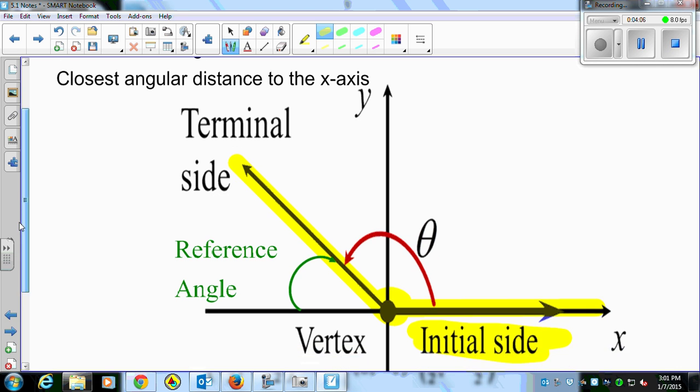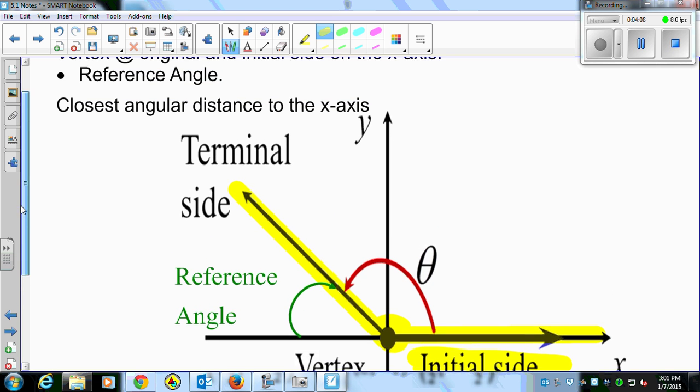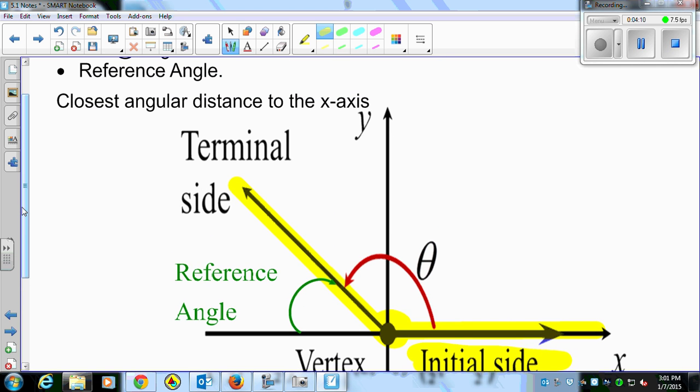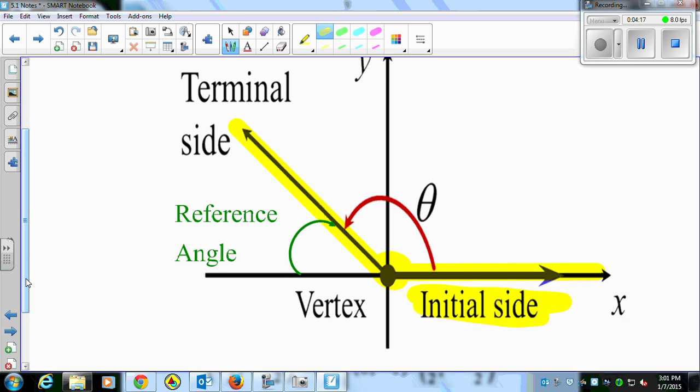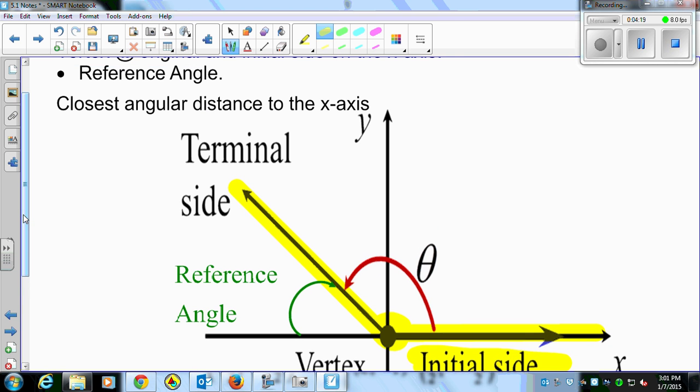A reference angle is going to be really important in relating angles that have similar values in different quadrants. Your reference angle is always the closest angular distance to the x-axis. So it's never coming from the y-axis, so don't try to do it from the y-axis. This is a no-no.